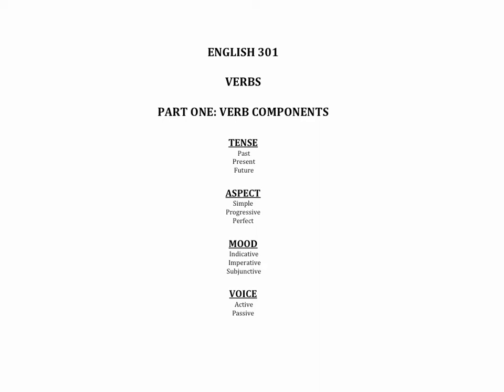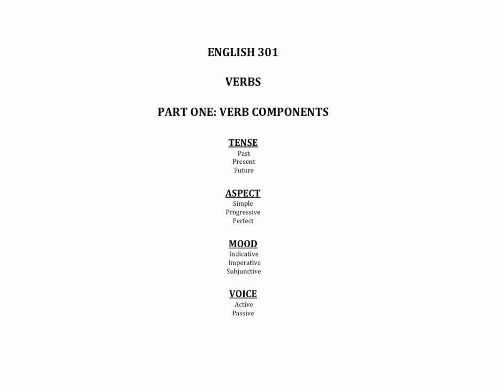So we have a past action, which is a prior action, obviously, something that happened in the past. As you know, we usually express this form with an ed added to a word. So if I were to say I smile in the present, I would say I smiled in the past. There's more to say about that, but there's the basic example.